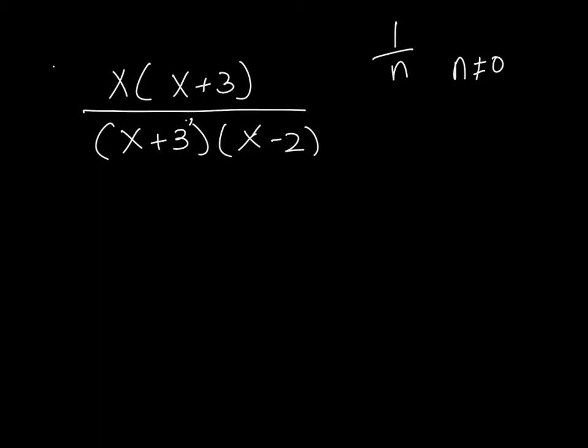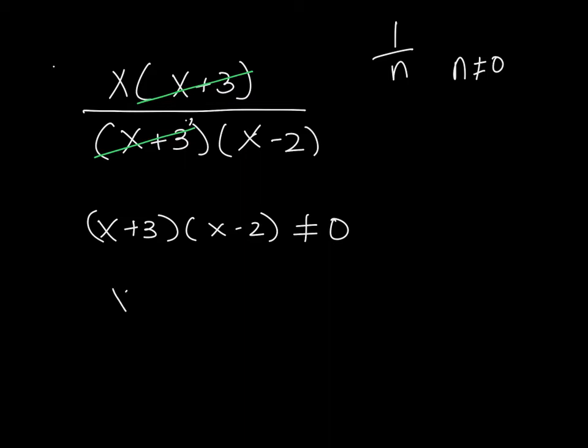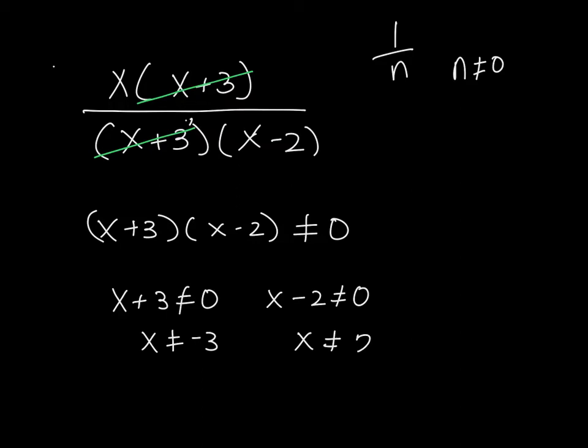Even though I can go ahead and cross out that x plus 3, it does not matter. Your original fraction has x plus 3 times x minus 2 in the denominator, and nothing in the denominator can ever equal 0. Now, this x plus 3 is a removable discontinuity, but it still has to be excluded from the domain. So with this, I can say x cannot equal -3, and x cannot equal positive 2.